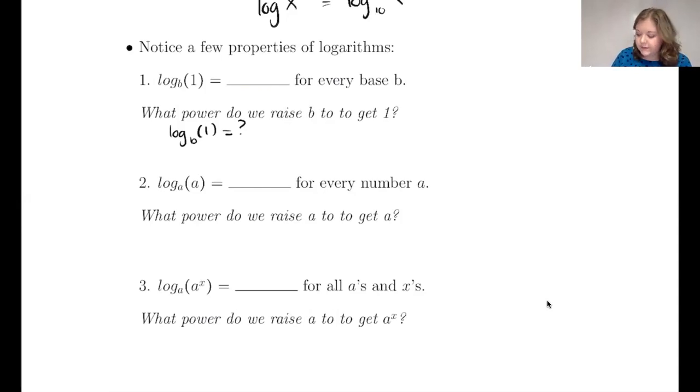So if we use the property from before, where we change this from a logarithm to an exponential, then we should be able to write it as 1 equals b to our mystery power, question mark.